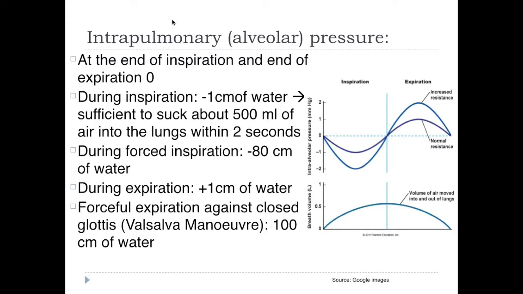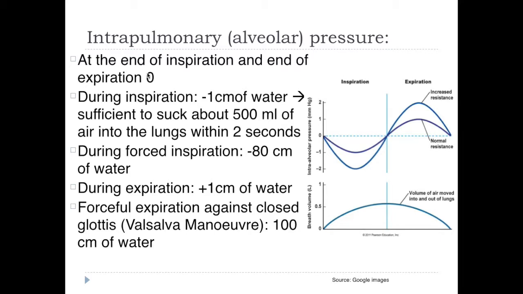Now, intrapulmonary pressure or alveolar pressure. At the end of inspiration and at the end of expiration, when the glottis is open and there is no movement of air, the pressure in all the parts of the respiratory tree is equal, and that is equal to atmospheric pressure. You can consider it as 0 centimeter of water.